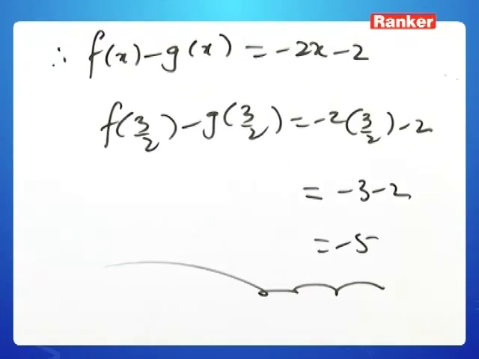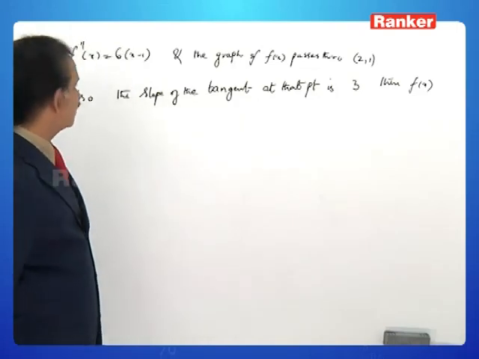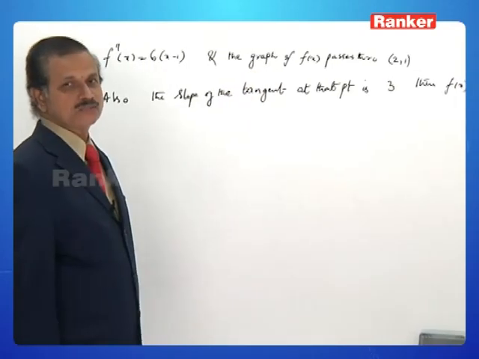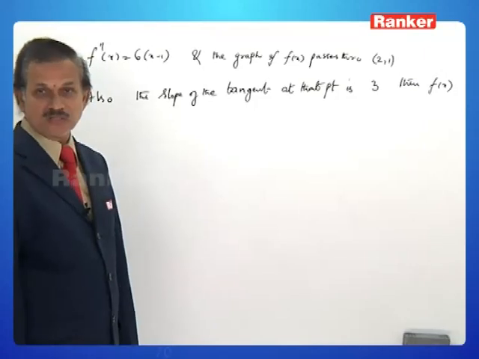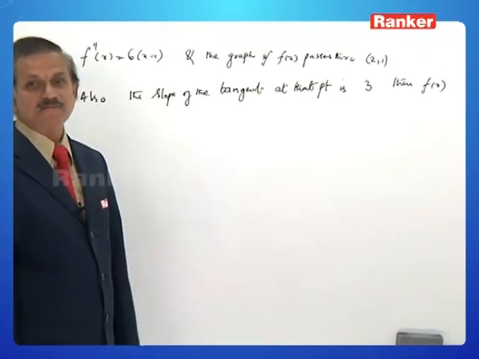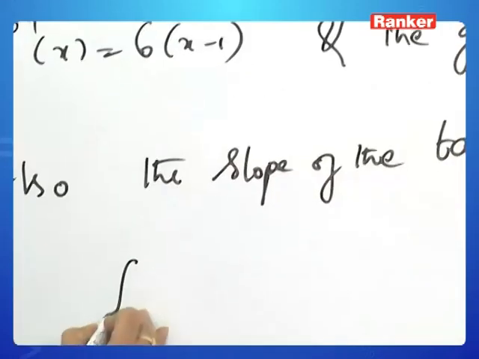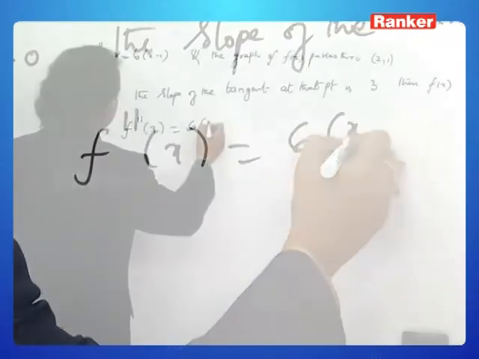Follow it carefully. Look at the question. f dash x is equal to 6 into x minus 1 and the graph of f of x passes through the point 2, 1. Also, the slope of the tangent at this point is 3. Then what is f of x? He is asking us. Let us see. Look here. f dash x is equal to 6 into x minus 1.